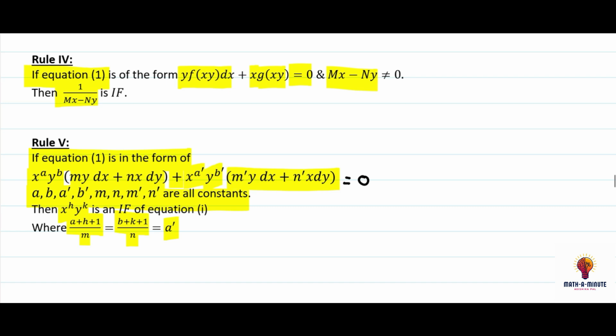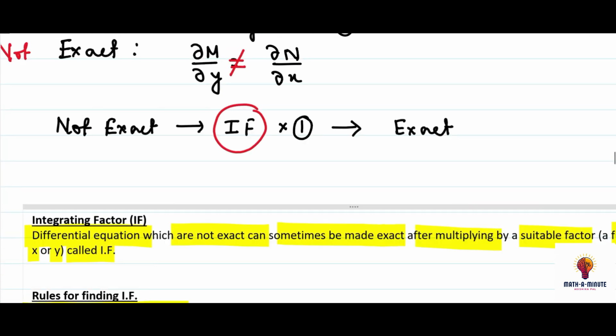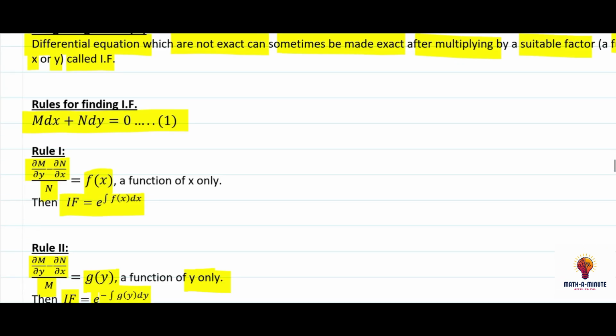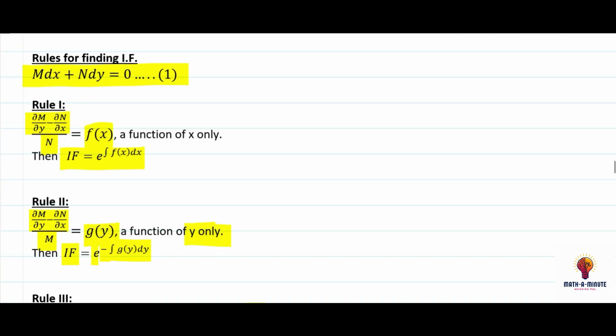Okay, so let's start. I already explained three rules. Now, rule 4 says: consider the given equation as our equation 1.